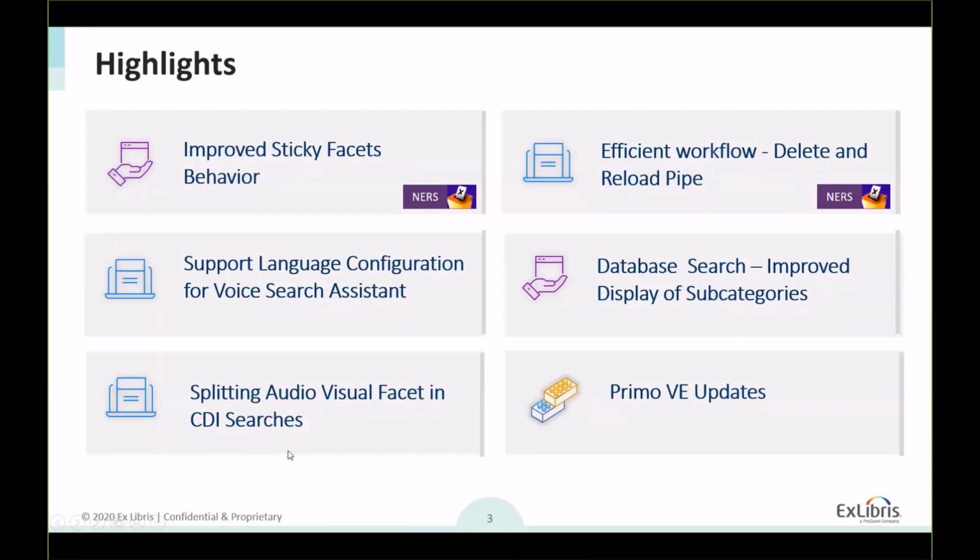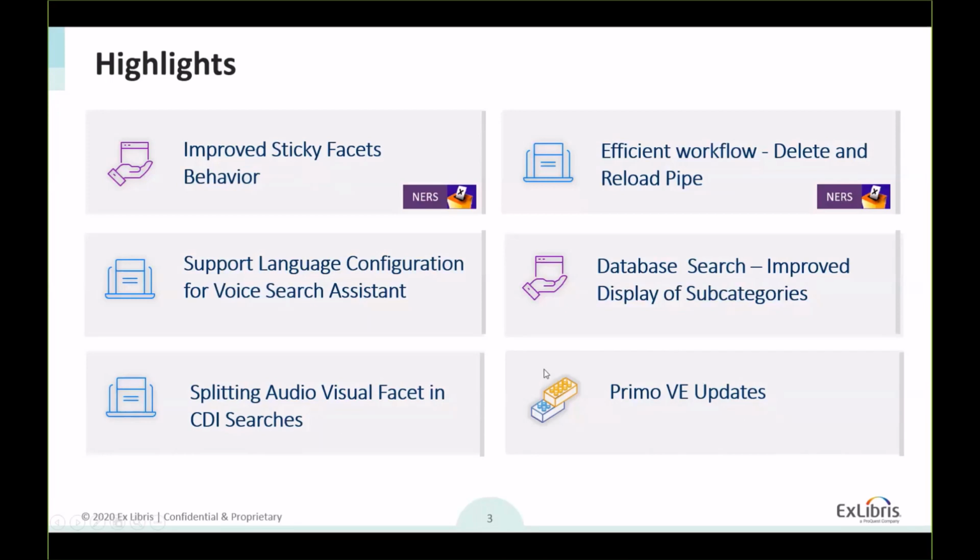Coming with CDI, the option that customers voted very highly in the ideas is the ability to have a split value for audio and visual in the facet. In addition, we have many Primo VE updates to share with you. So please stay with me.